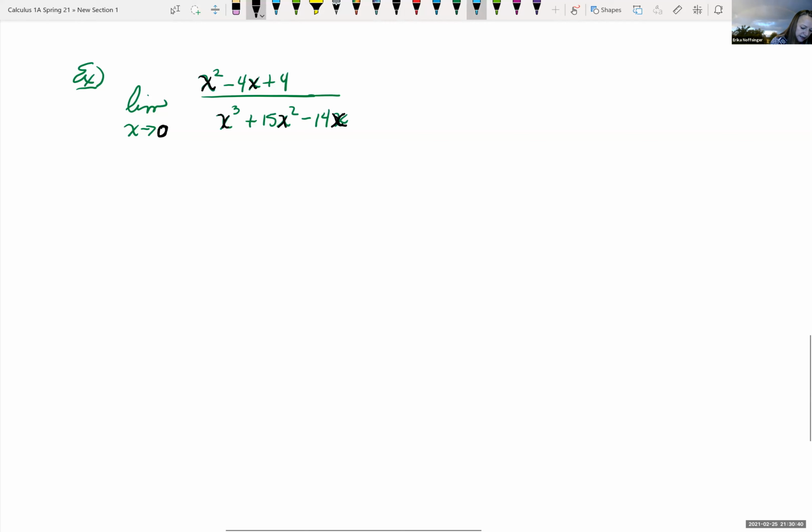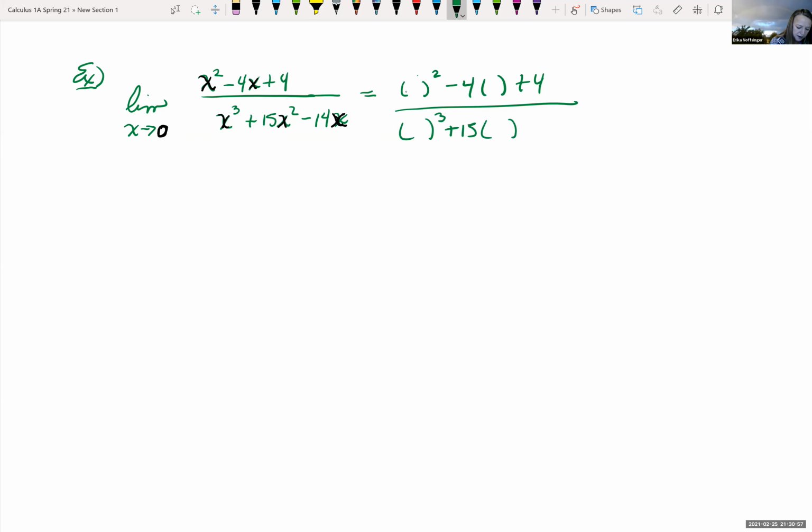Notice here we get 0 squared minus 4 times 0 plus 4, all over 0 cubed plus 15 times 0 squared minus 14 times 0.